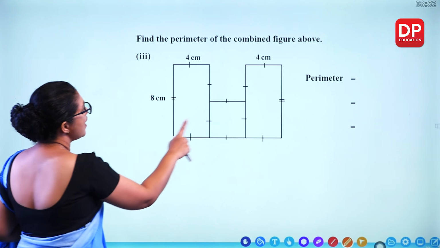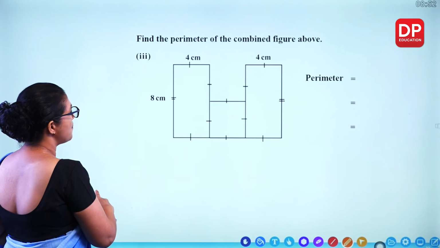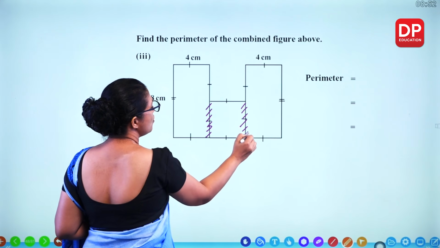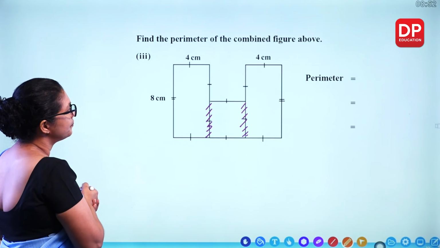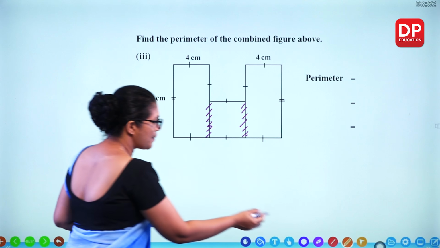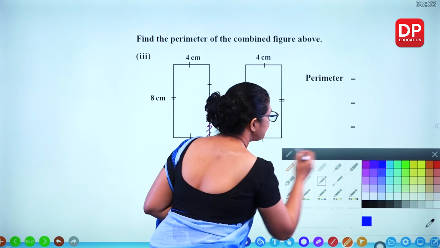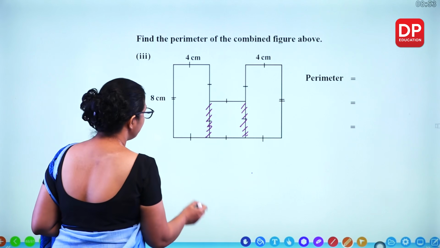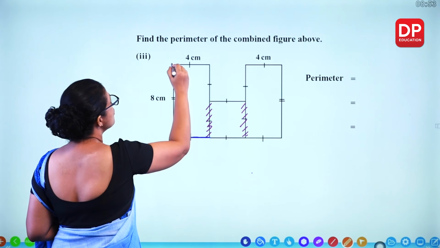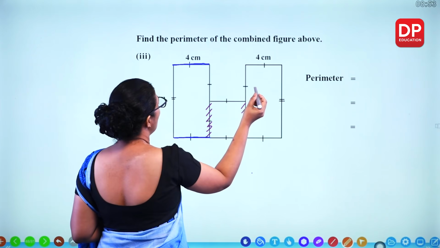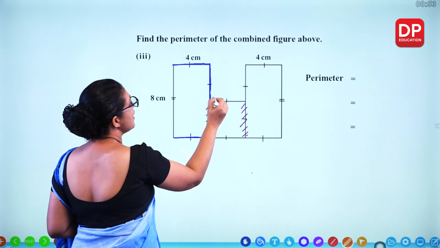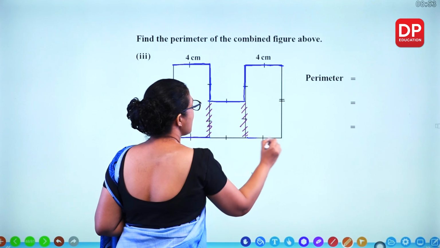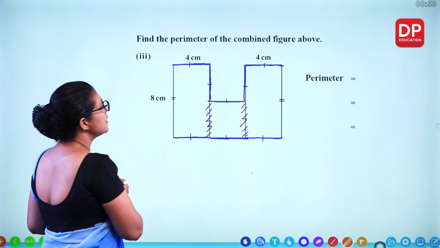Now combined all 3 shapes. So you are not getting these 2 inside lengths now. So how do we find out the perimeter? You can find out how many 4s are there. 1, 2, 3, 4, 5, 6, 7, 8. 8 4s.